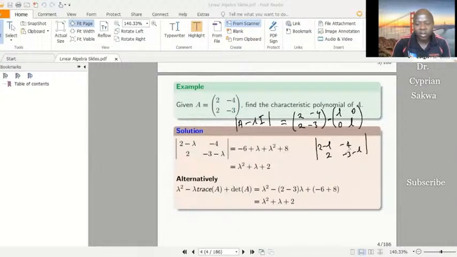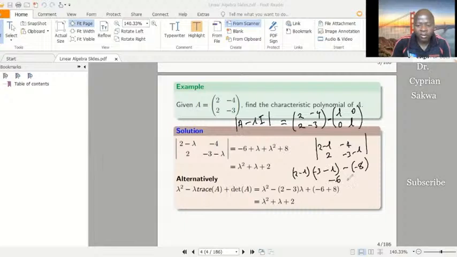It is this diagonal product minus the product of this diagonal. So it is 2 minus lambda multiplied by negative 3 minus lambda, then minus the product of this diagonal, which is negative 8. So when you do this, you'd have 2 times negative 3 would be negative 6.